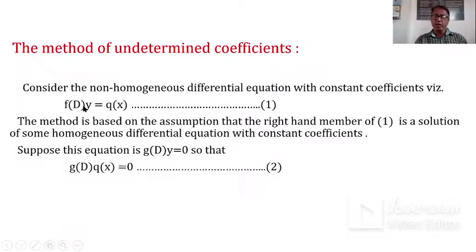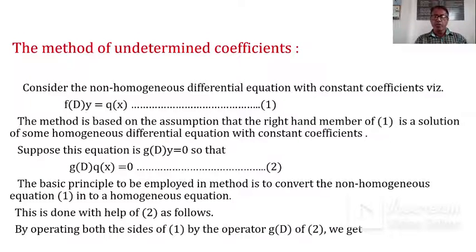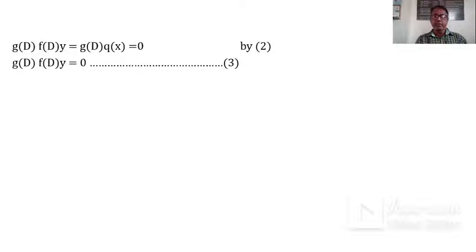If we apply g of D on both the sides of this equation 1, then we obtain g of D operating on f of D of y is equal to g of D into Q of x. This is equal to 0 by equation 2.